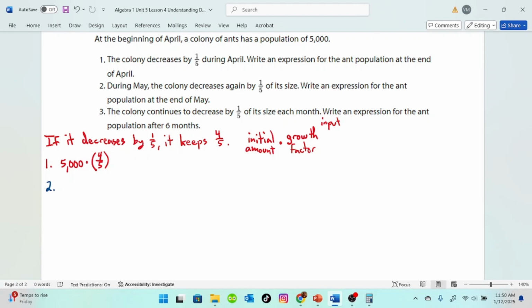Well, this would be the initial 5,000 population times the 4/5 of the population that it kept in April and the 4/5 of the population that it kept in May. But now we need to make this 4/5 to the power of 2 because this has happened for 2 months now.